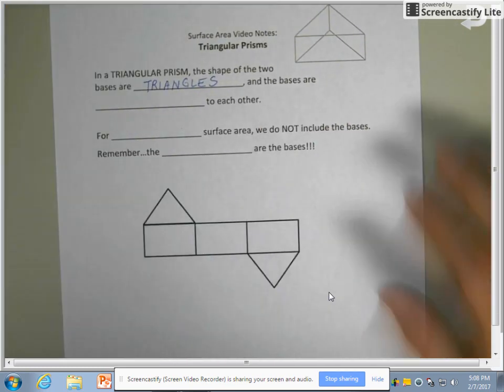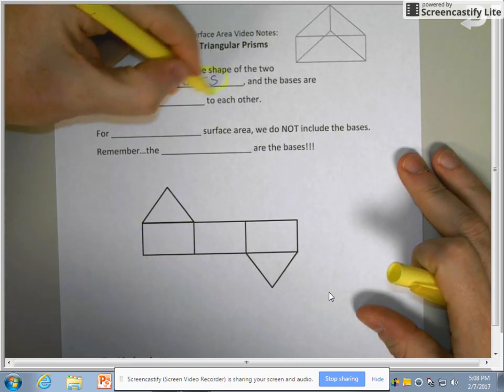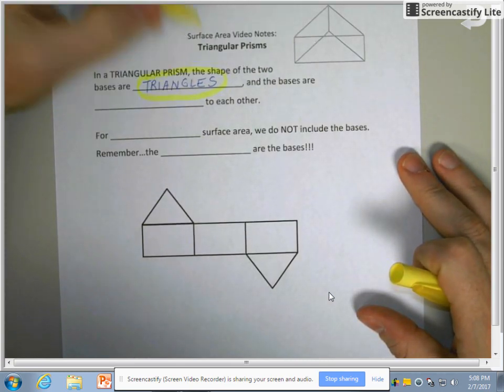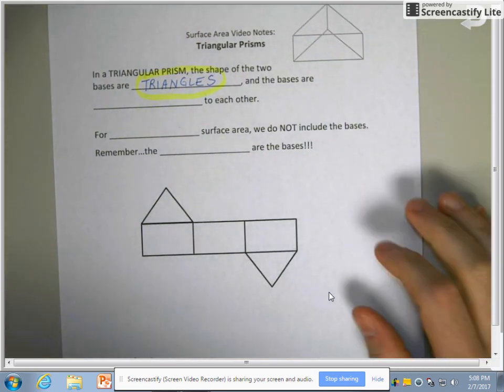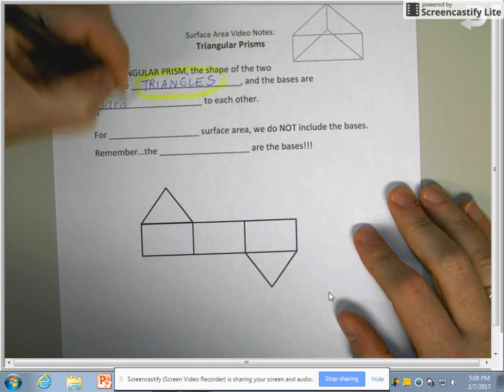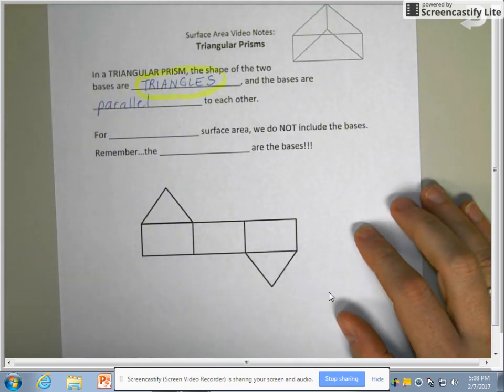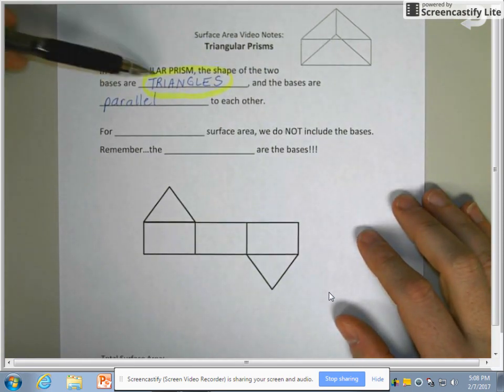Matter of fact, if you have a highlighter or a marker, circle that, highlight that. And the bases in the triangular prism are parallel to each other.